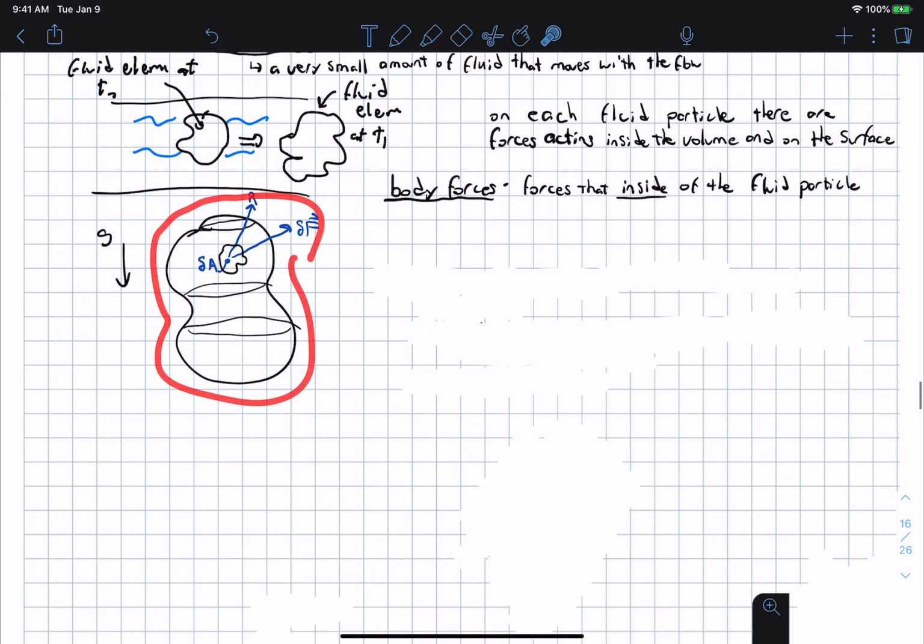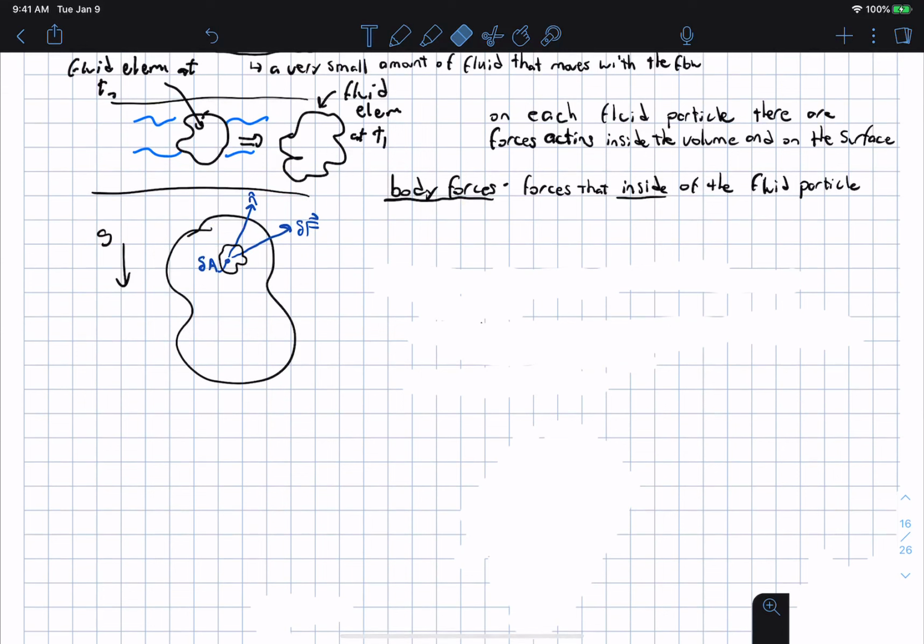And so here, I'll get rid of this to make it more clear. So here's just a fluid element. It looks like a potato. And so there are body forces, and they occur inside. And for our purposes, the only body force that we'll be dealing with in this class is gravity or weight.